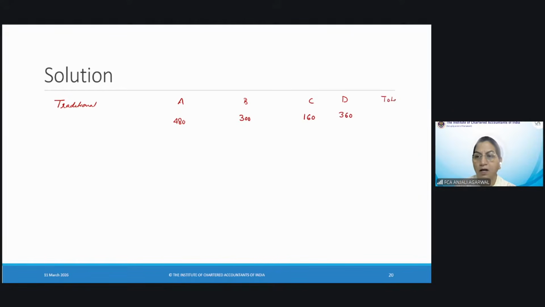Total 1300. Machine hour rate 8.023 into 480.